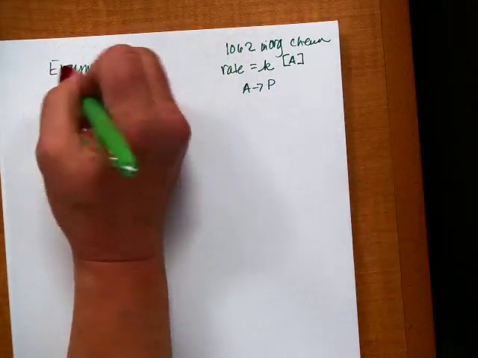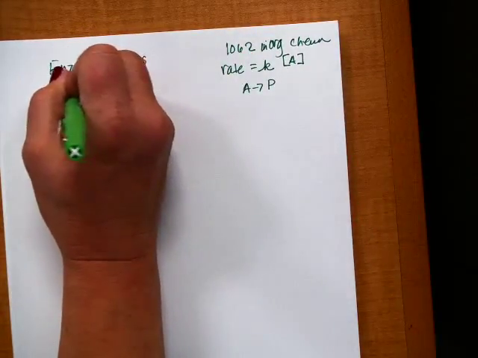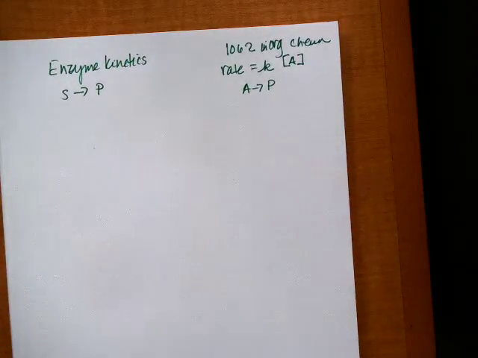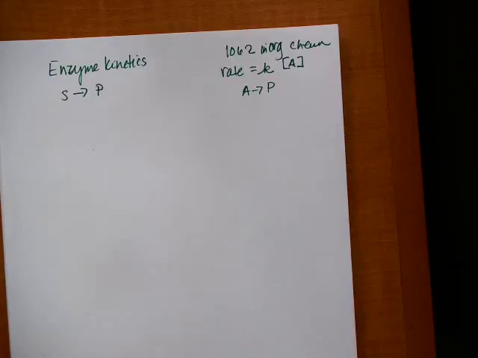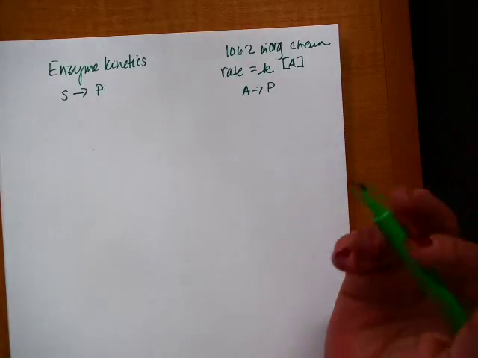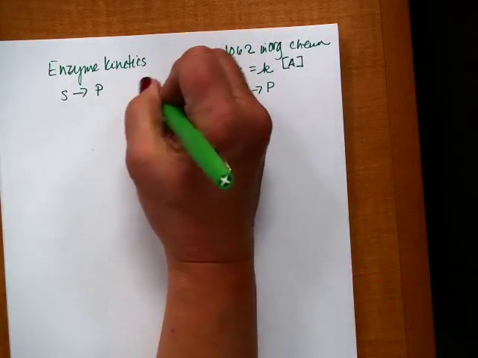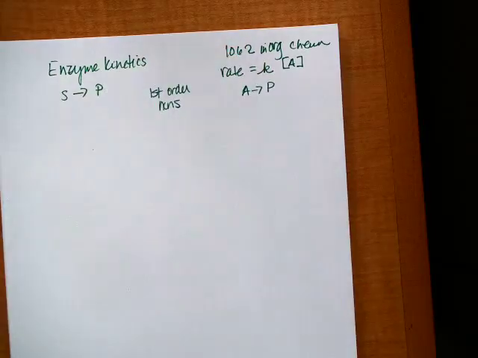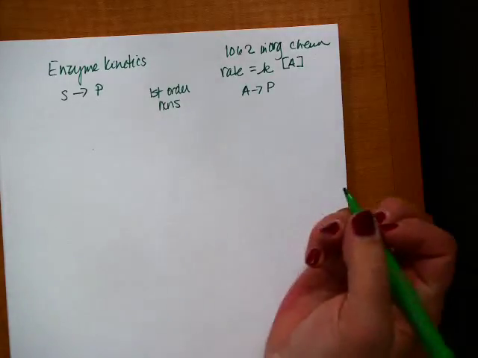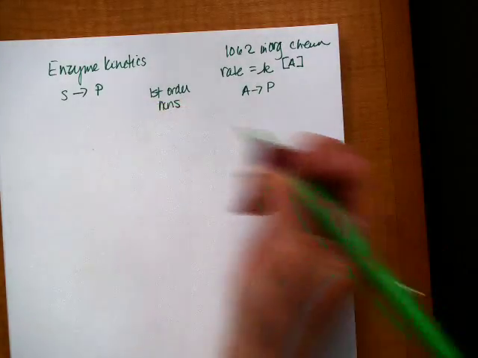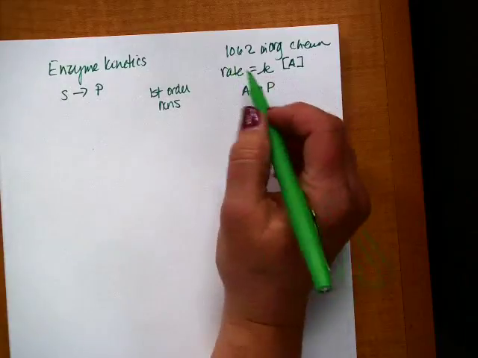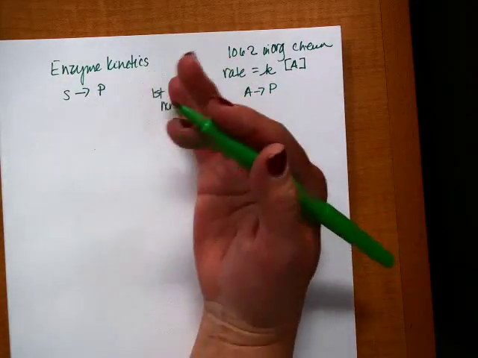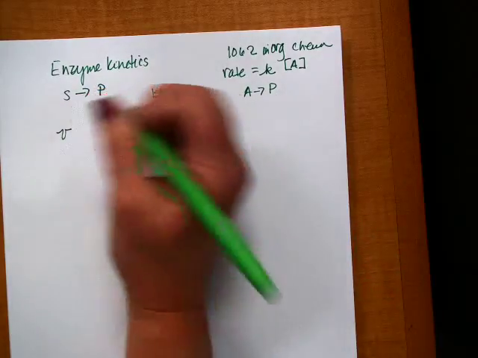In enzyme kinetics we can write a similar reaction, S going to P, substrate going to product. These are both first order reactions, same as A to P. However, when we write the rate of this conversion, we use velocity.